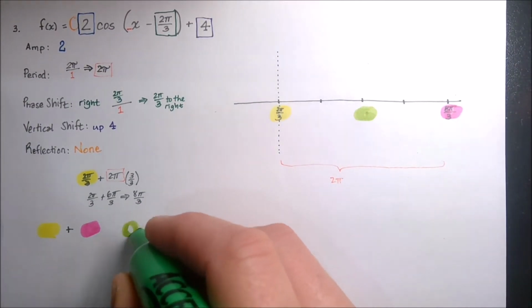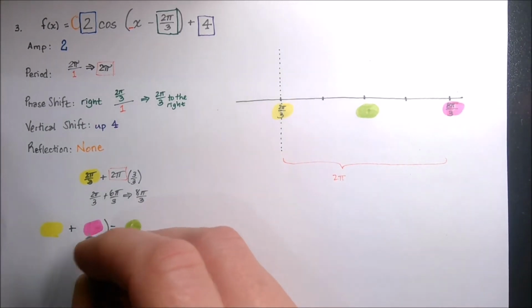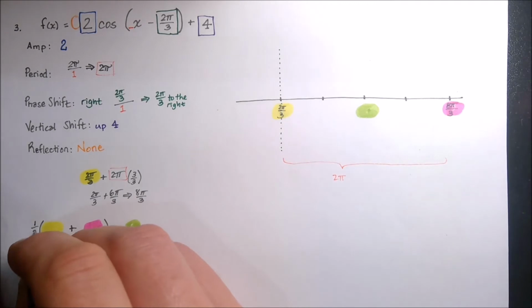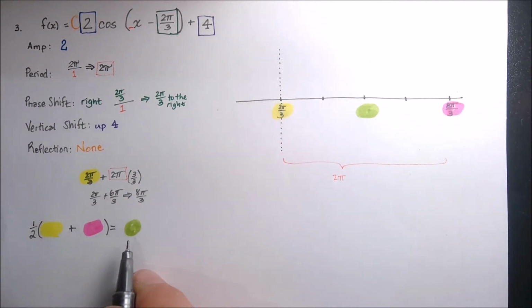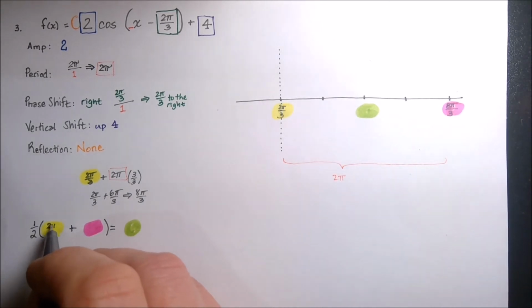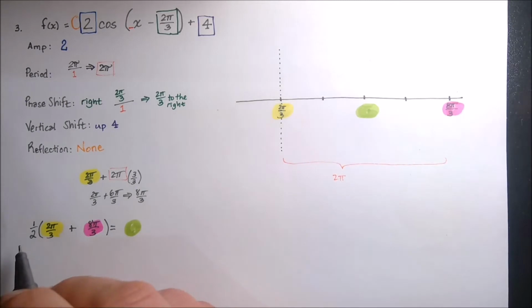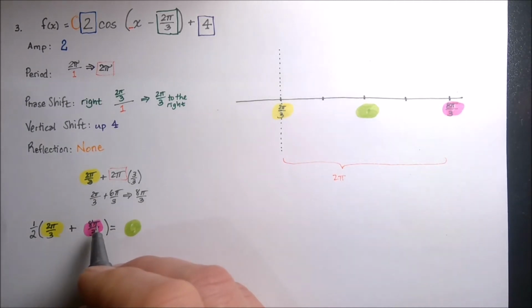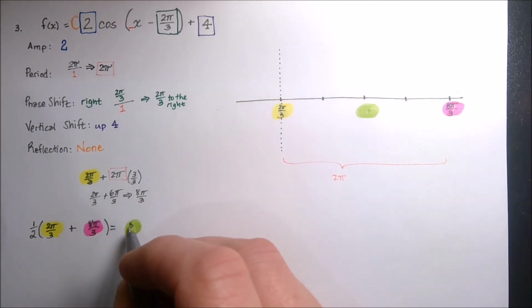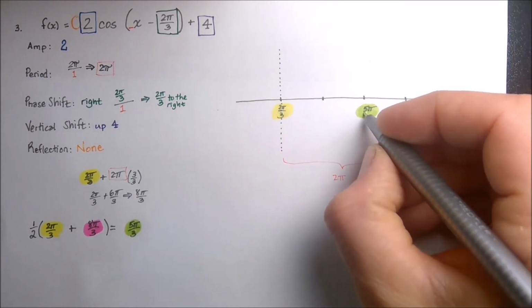Instead of dividing by 2, I'm going to multiply by 1/2. I think you all know that multiplying by 1/2 is the same as dividing by 2. And so if I do this, I can find that little spot right in the middle. So I'm doing 2 pi over 3 plus 8 pi over 3 times 1/2. 2 and 8 is 10. 10 divided by 2 is 5. So I've got 5 pi over 3.